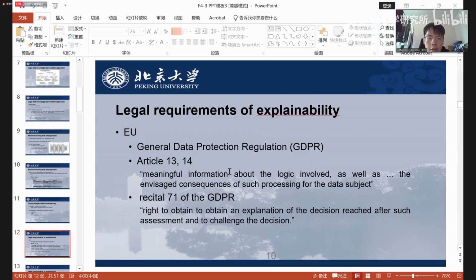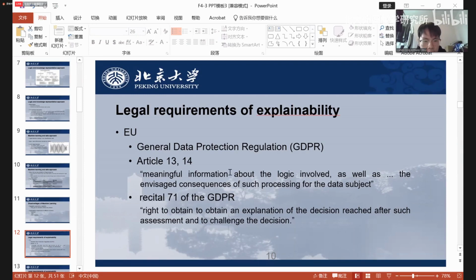So, for example, in the European Union, the GDPR Article 13 and 14 are related to explanation. For example, Article 13 requires that the data processor must provide meaningful information about the logic of the AI decision making.